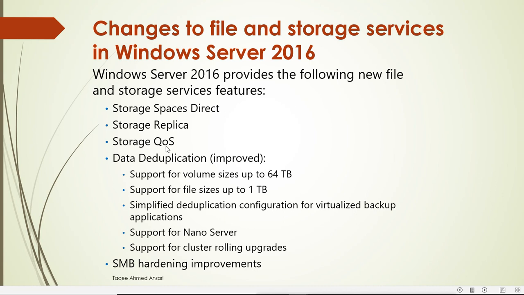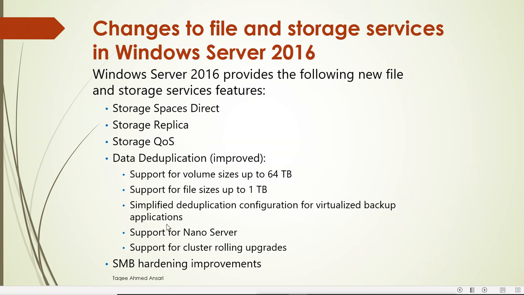Then we have data deduplication. It was available in 2012 also, but now it is improved, and can support volume sizes of up to 64 TB and file sizes of up to 1 TB. It is an improvement, with simplified deduplication configuration for virtualized backup applications.